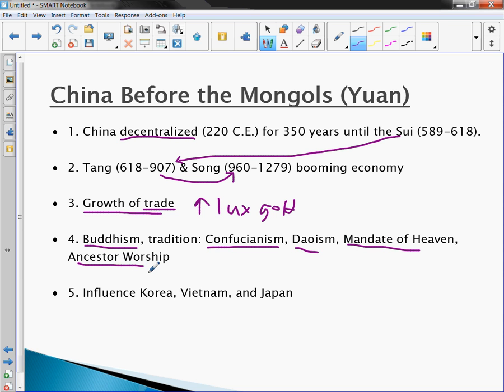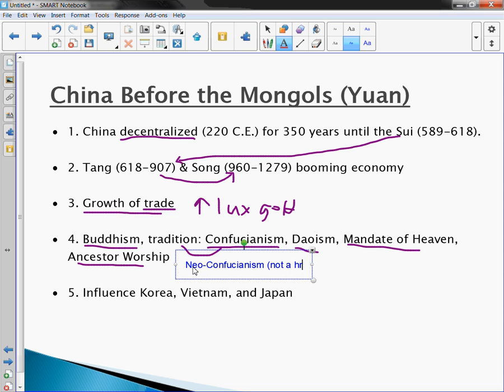So Buddhism was added in with all of these, and Buddhism and Confucianism combined to create a new scholarly tradition of Neo-Confucianism. This is not a hard line. Today we distinguish between Confucianism and Neo-Confucianism, but if you lived in China at this time, you really wouldn't.